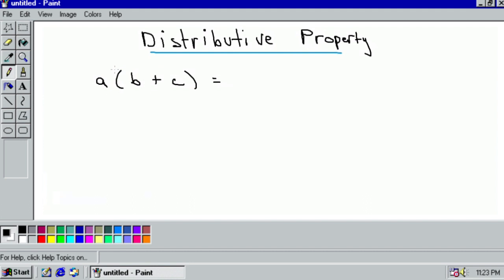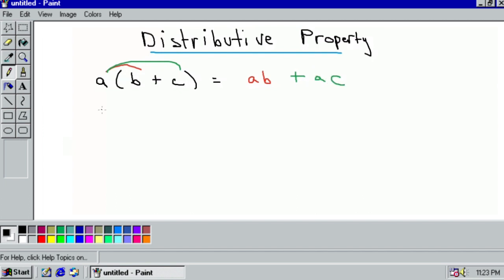Basically, if we distribute a to b, we have a times b. Then we have plus, distribute a to positive c, and we have positive ac.